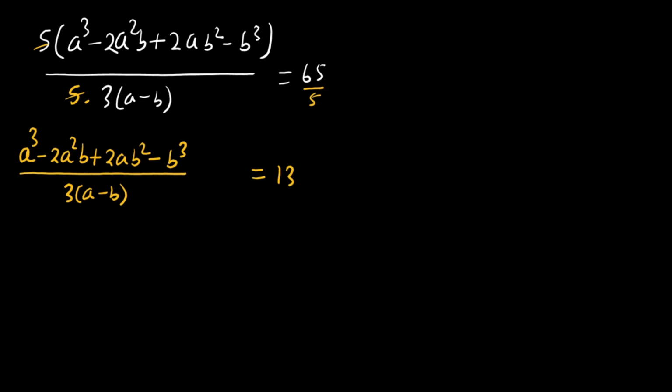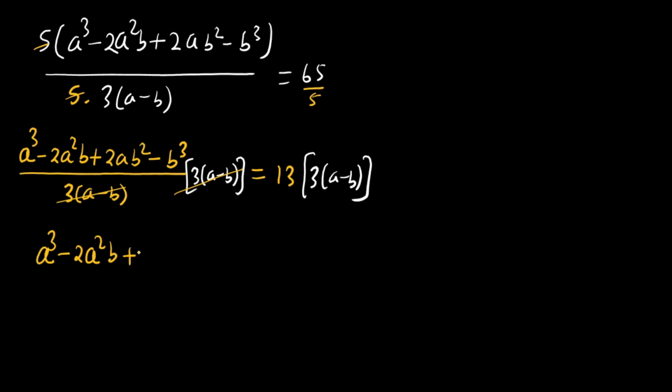Now if we multiply both sides by 3(a − b), then 3(a − b) cancels out on the left-hand side, so a^3 − 2a^2 b + 2ab^2 − b^3 is equal to 13 times 3, which is 39, times (a − b).